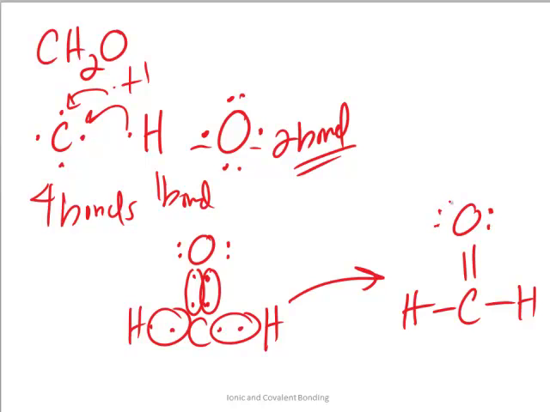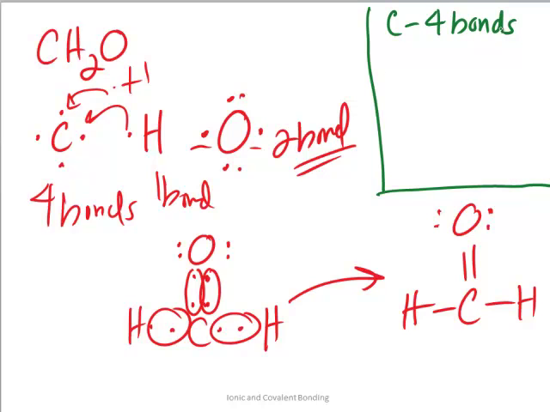And again, anything we needed to do just to get to the octet rule for carbon and oxygen and the duet rule for hydrogen. One thing that will usually help you out in forming Lewis structures for molecules is remembering the number of bonds that are associated with each atom. And in general, except for polyatomic ions, we can go down the list: carbon likes 4 bonds, nitrogen likes 3 bonds because it has 5 valence electrons, and these same processes would hold true for any element in their respective groups.